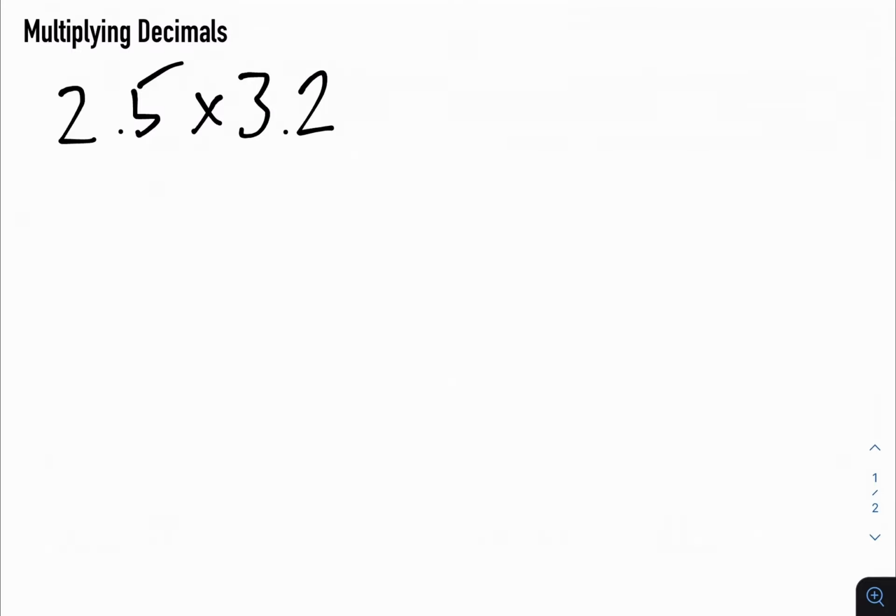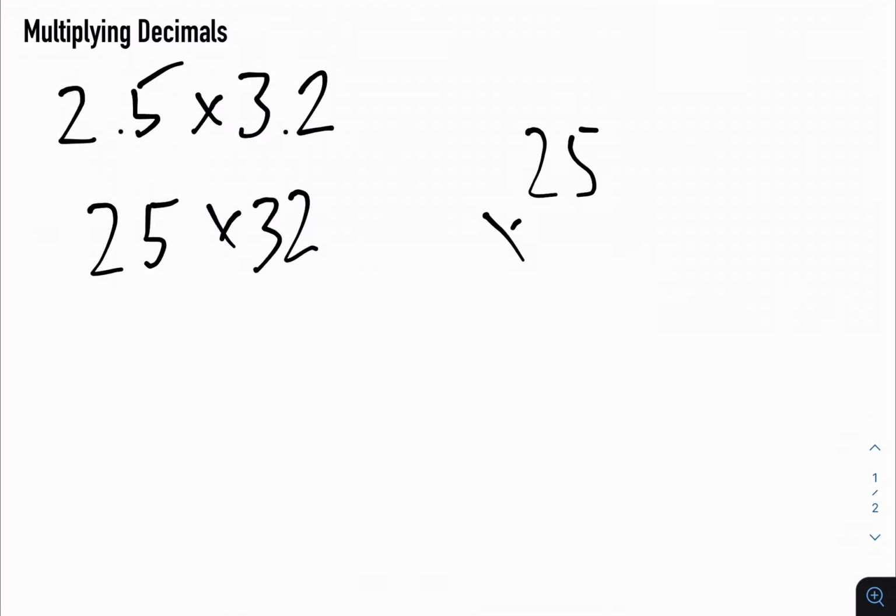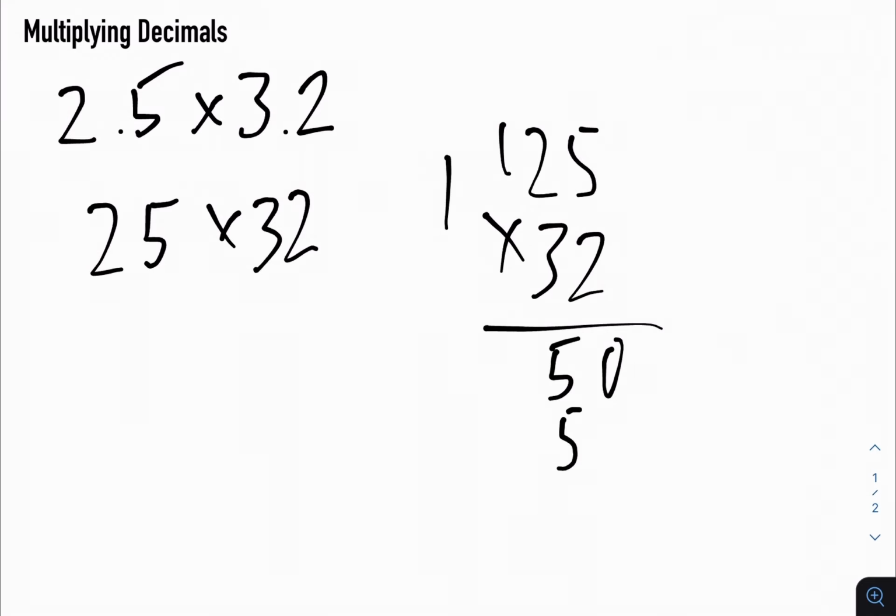So for now, we have to ignore the decimal points, and then we can just multiply it as 25 times 32. And after doing this, we get 800.